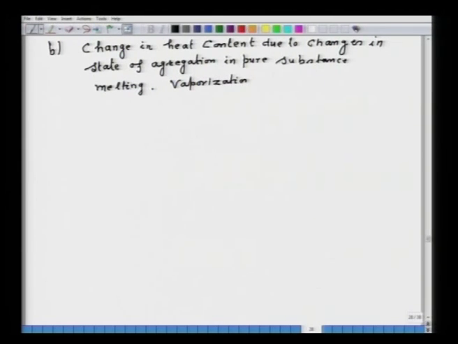Do you know still another change? Can you get it? That is the allotropic transformation. In iron carbon system, iron changes from alpha to gamma to delta. So, accordingly the heat evolved or heat will be absorbed, that depends on the system under consideration.